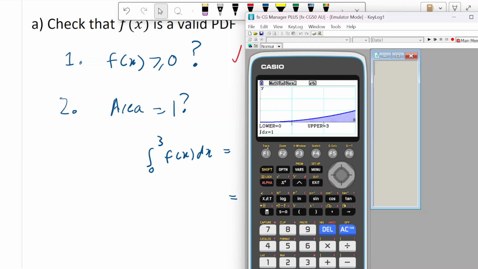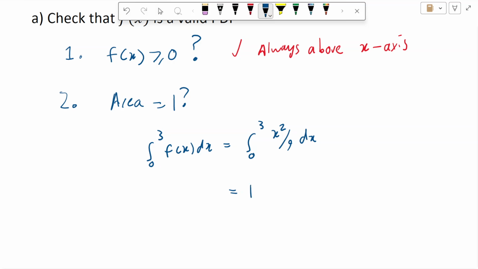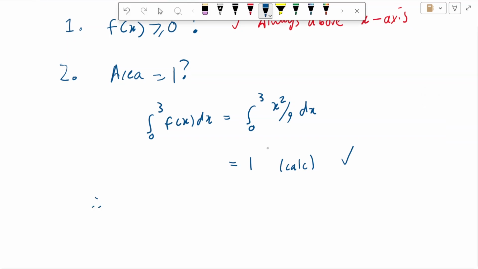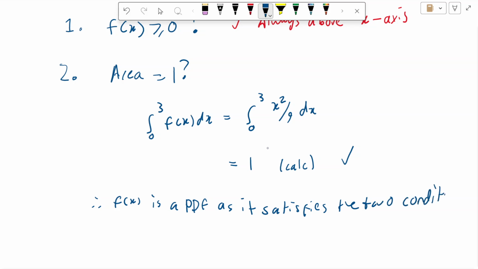There we go. The integral is 1 with the calculator. So yes, therefore f of x is a PDF as it satisfies the two conditions. It has to satisfy those two conditions to be a PDF, and that's it.